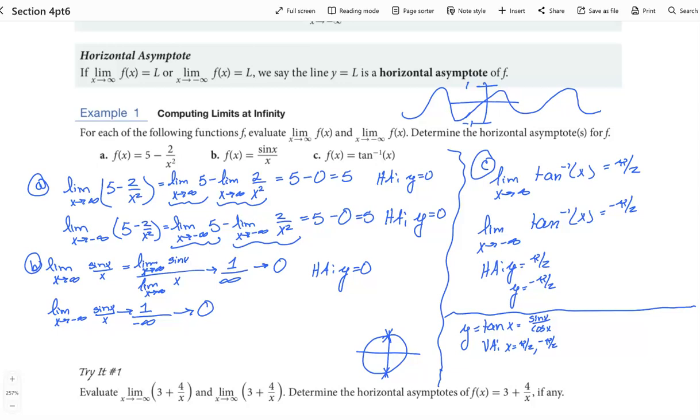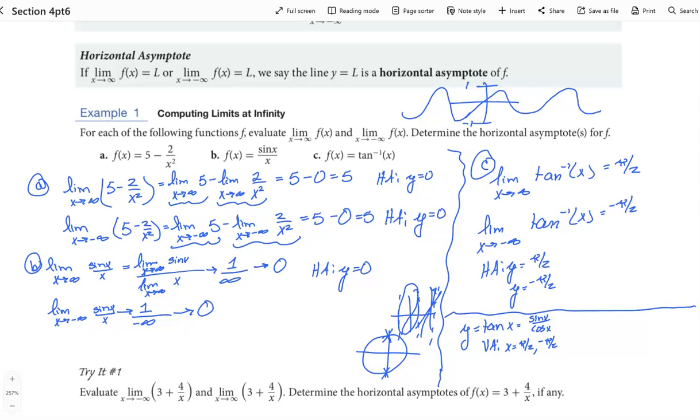So remember, to find the inverse function, that tangent function looks something like this, right? And there's a whole bunch of different iterations of this. We had to make it 1-to-1, which means we defined tangent to be between negative pi over 2 and pi over 2. So we didn't worry about what happened to the right of pi over 2 or to the left of negative pi over 2.